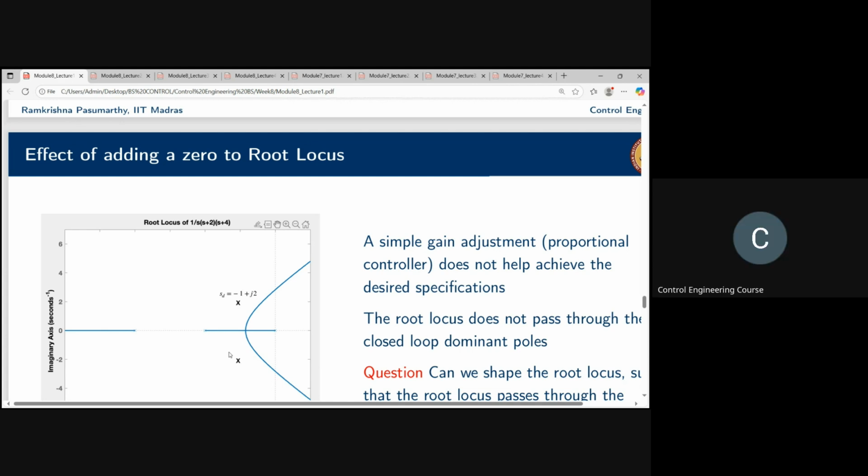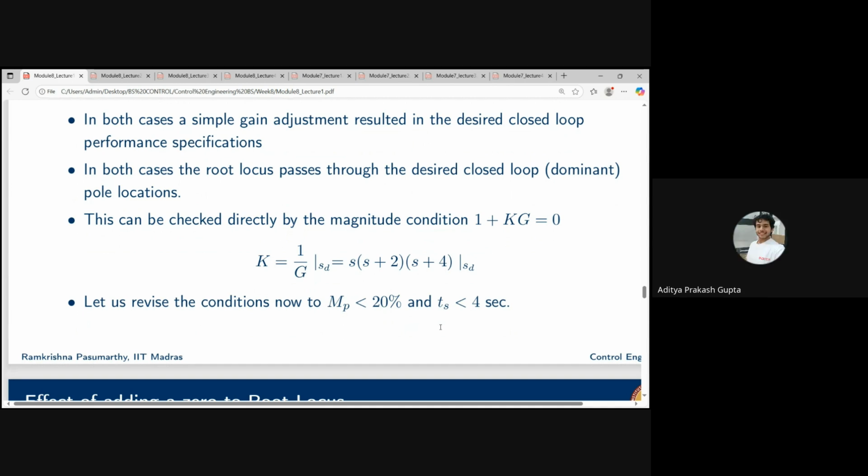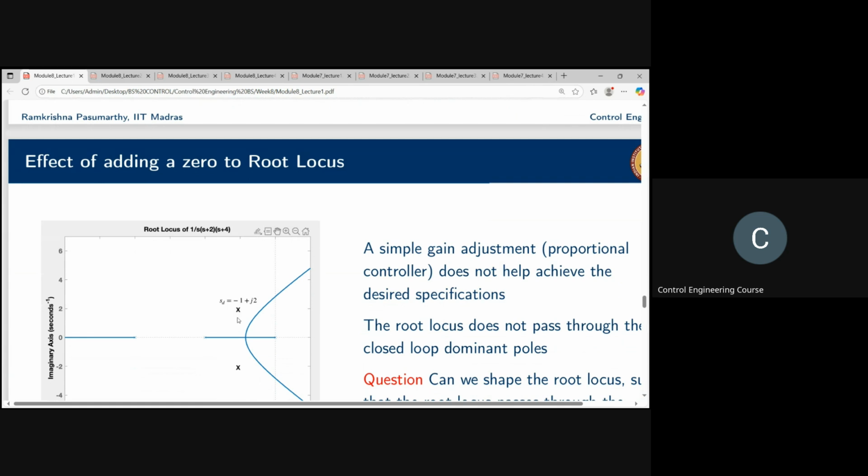TS is 4 by zeta omega n. Here you have TS less than 4. So 4 is equal to 4 by zeta omega n. Zeta omega n should be 1, right? So minus 1. Zeta omega n should be minus 1. So it should be at least minus 1, which means minus 1 or minus 2 or minus 3.